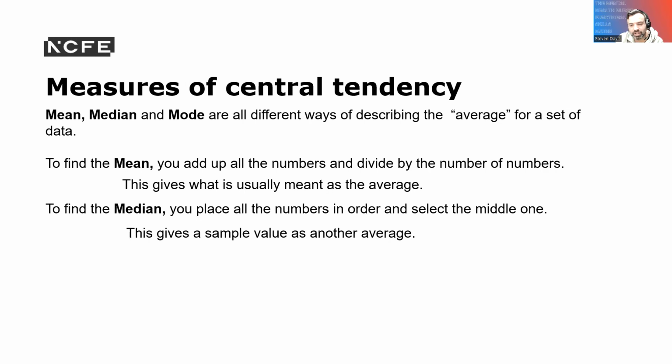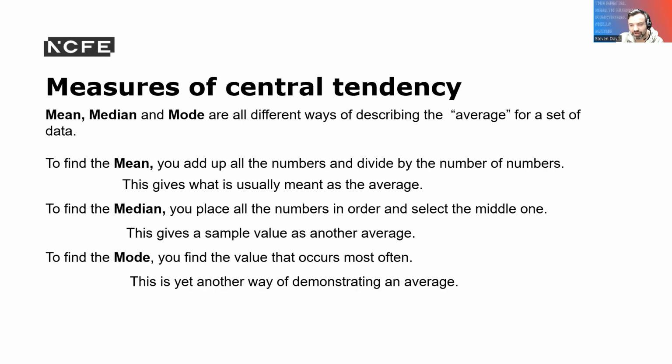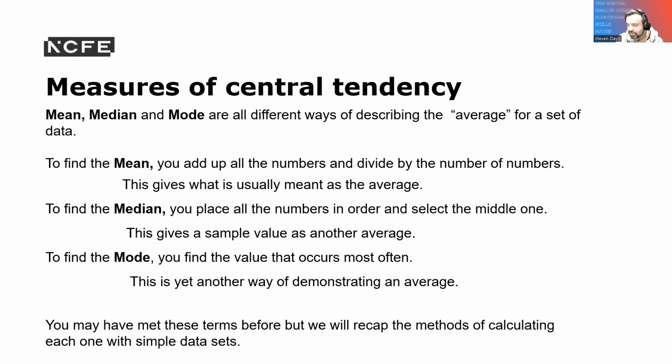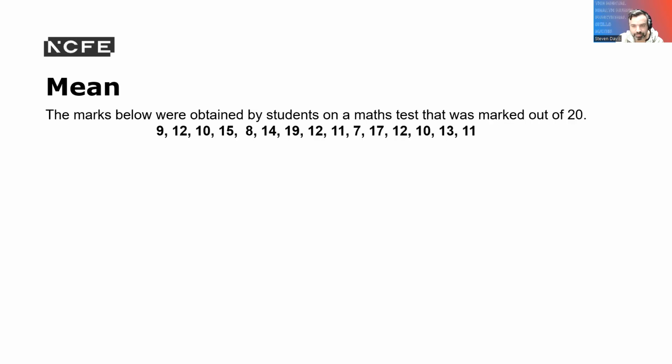The median is where you place all the numbers in order and select the middle one. This gives a simple value of another average. And the mode, you find the value that occurs most often. This is yet another way of demonstrating an average. You may have met these terms before, but we will recap the methods of calculating each step.